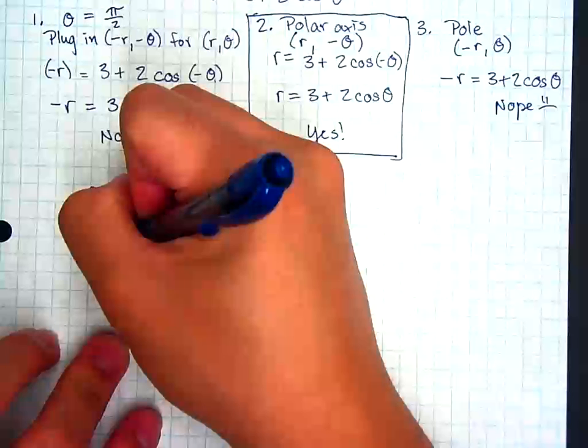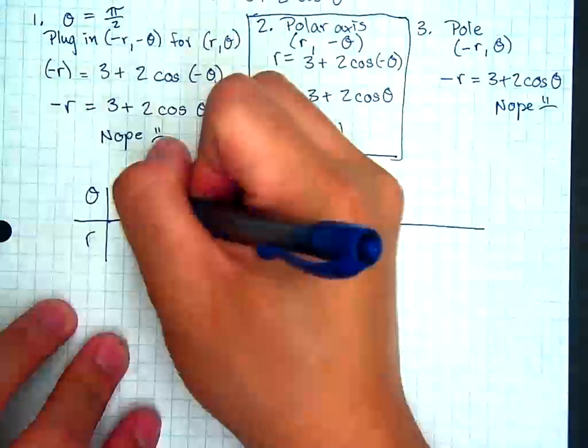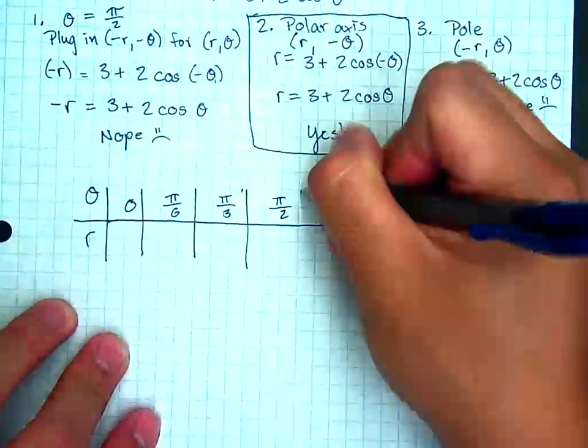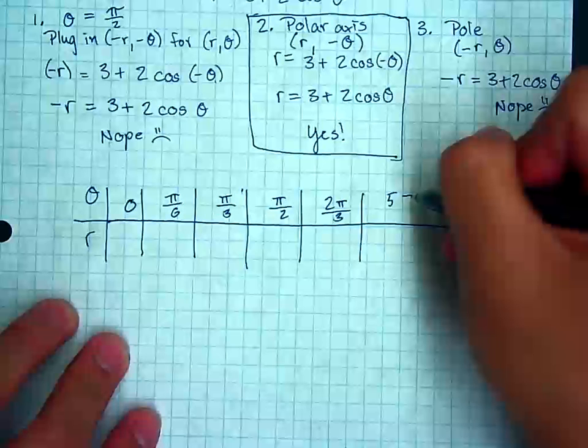Theta, r: 0, pi over 6, pi over 3, pi over 2, 2 pi over 3, 5 pi over 6, and pi. Okay?